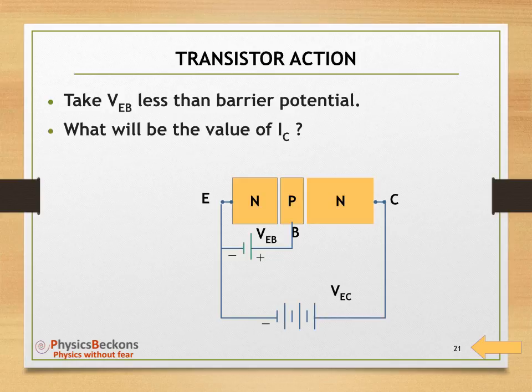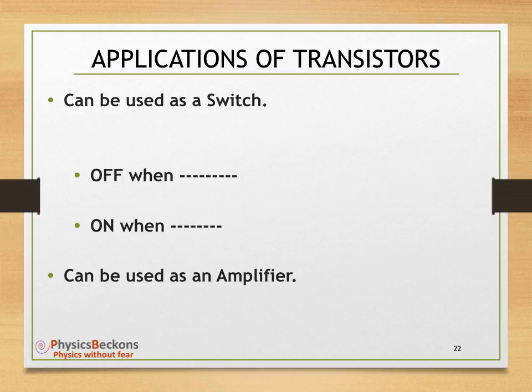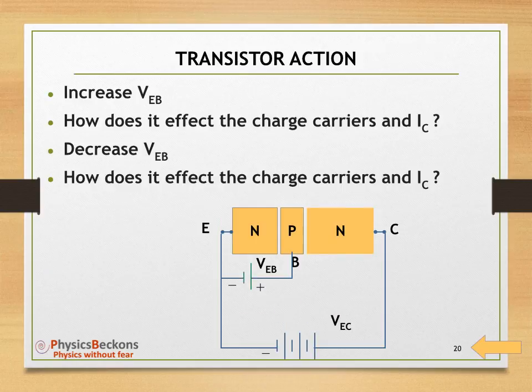The transistor also acts as an amplifier because a small variation in emitter base potential produces a large increase in the collector current.